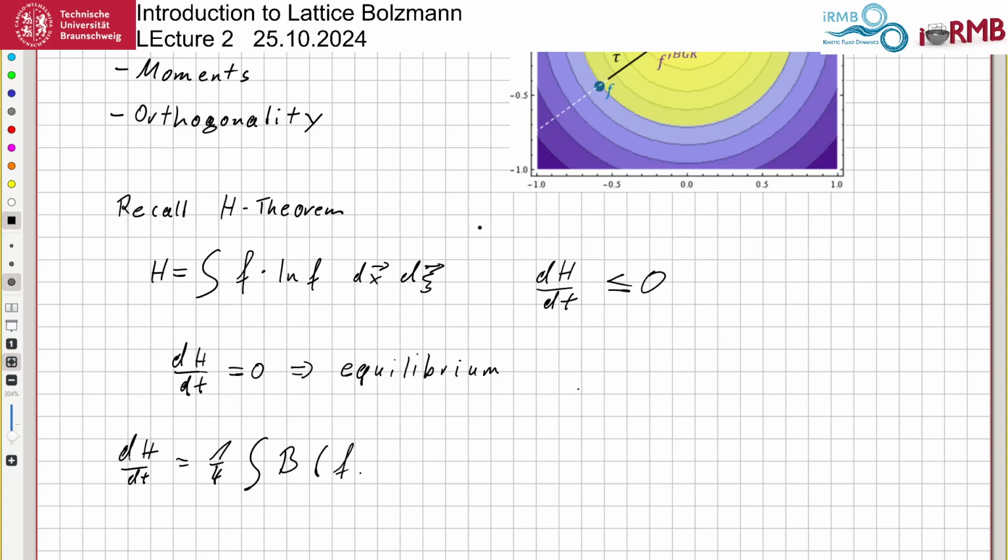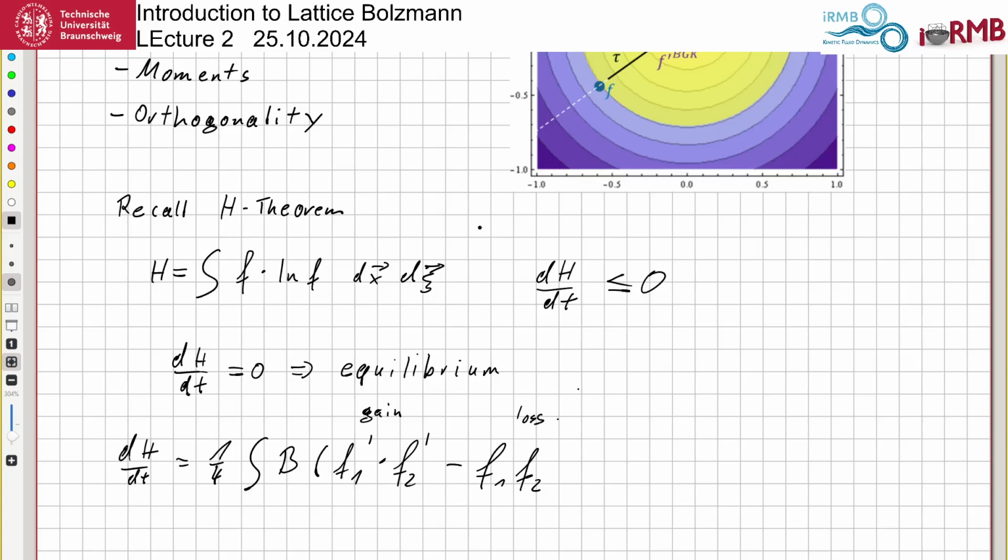Then there are the distribution functions after collision, which we indicate by this dash, of two colliding particles, particle 1 and particle 2. This is the gain term, minus the loss term, where we have the pre-collision state.